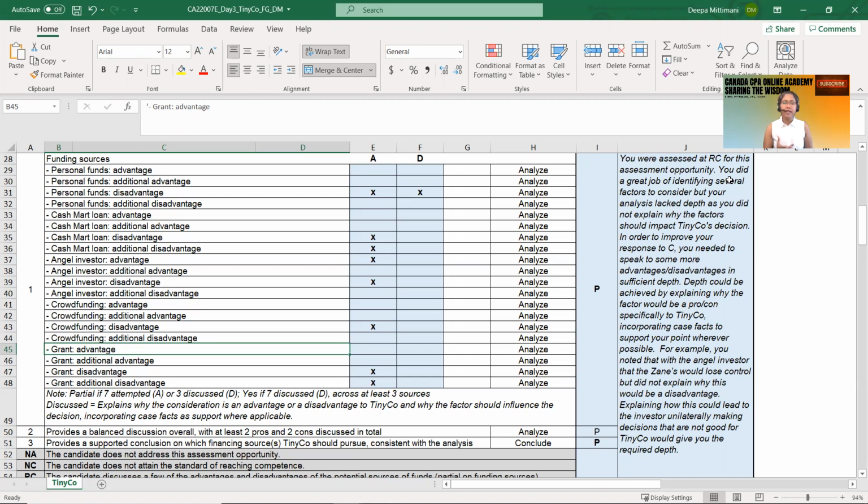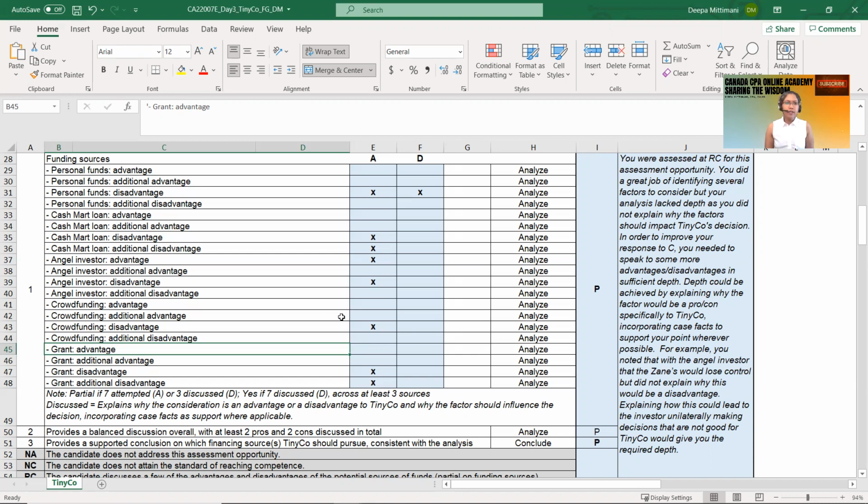Here it is a funding source, so a loan, a funding option. Both AOs are very similar, either it's an investment or a loan. So you have to rank based on the pros and cons and conclude, give your opinion on what is the correct or your suggested option.